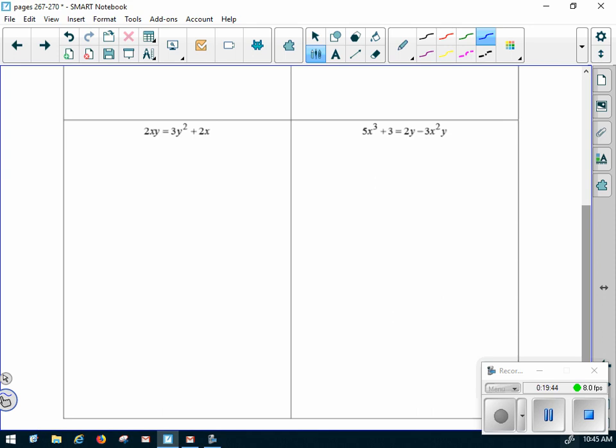2xy. What rule am I going to have to use? Product rule. What can I do with the 2? Pull it out. Let's not worry about it right now. Now I'm going to do the derivative of xy.